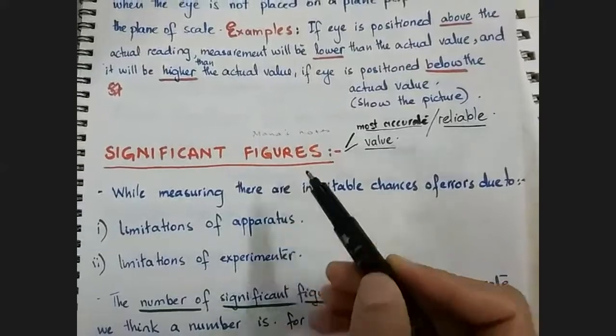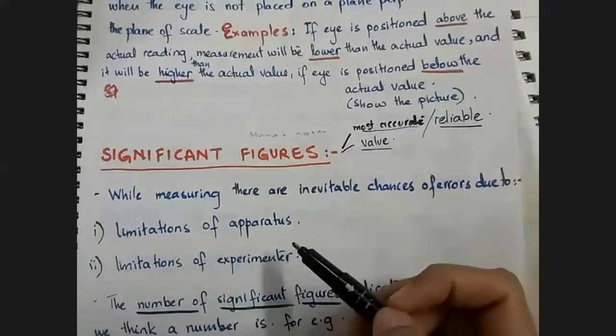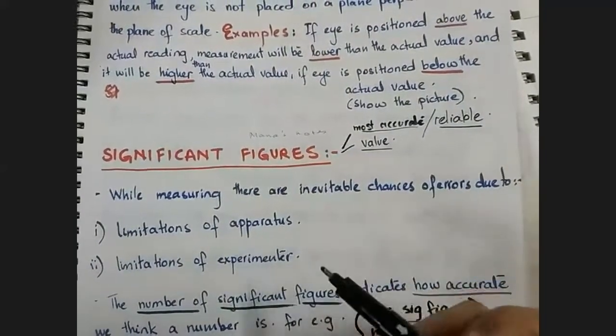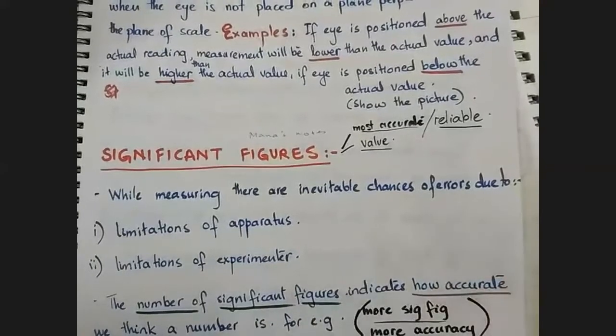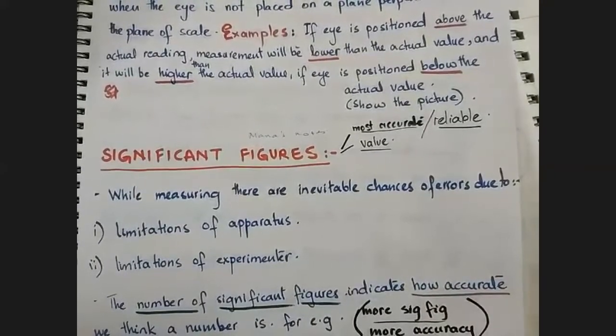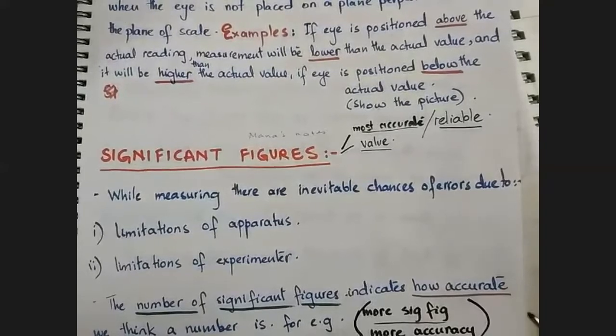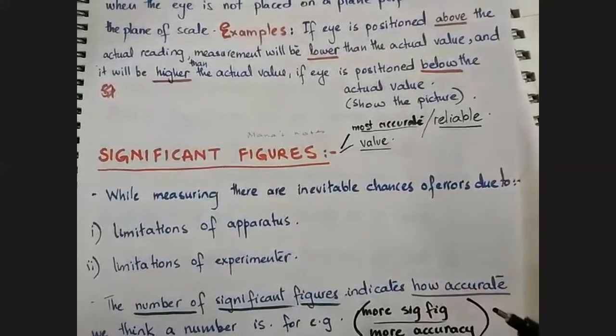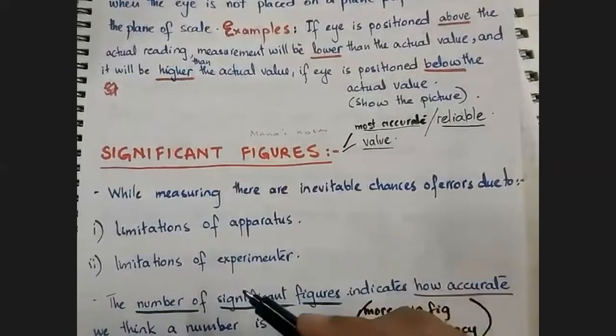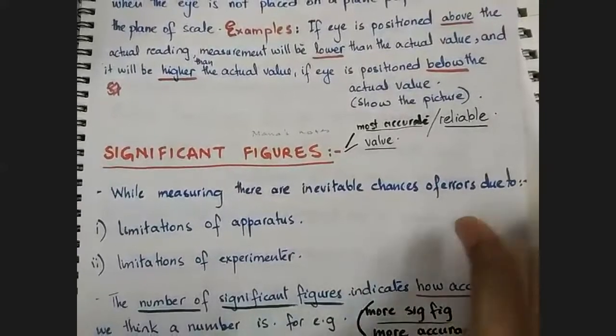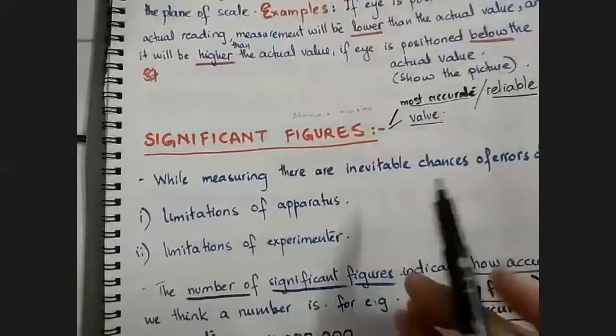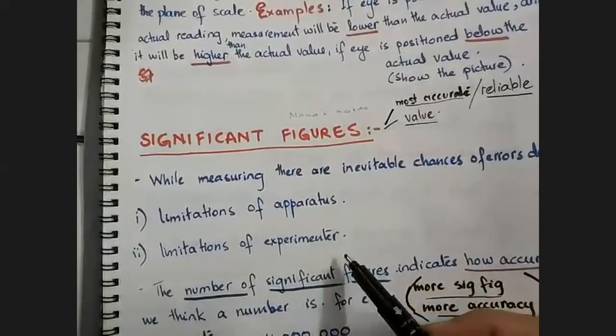Now when we are measuring using any apparatus at all, there is some limitation. We can never be 100% accurate. That error can be due to the apparatus or due to human error.